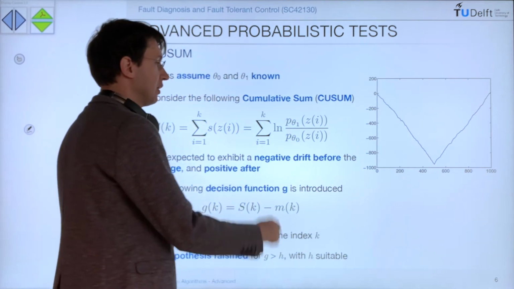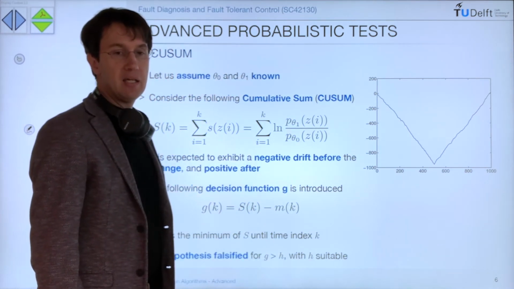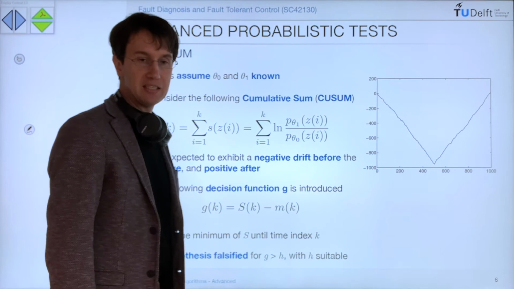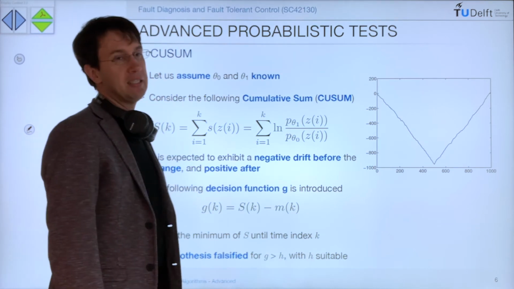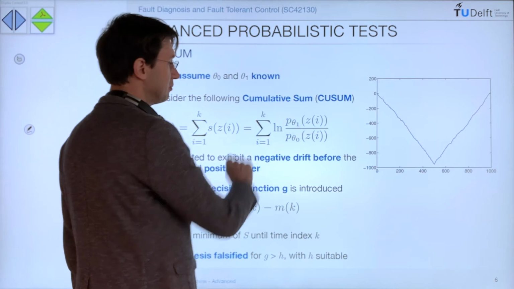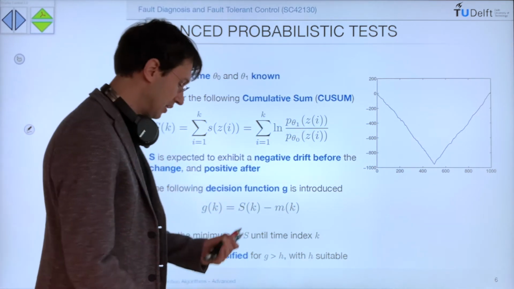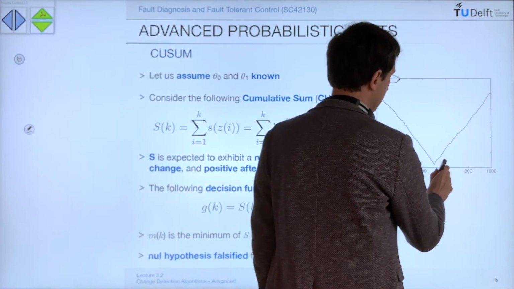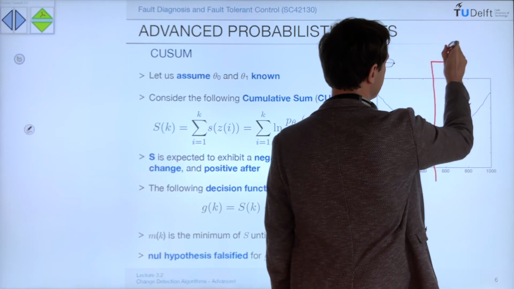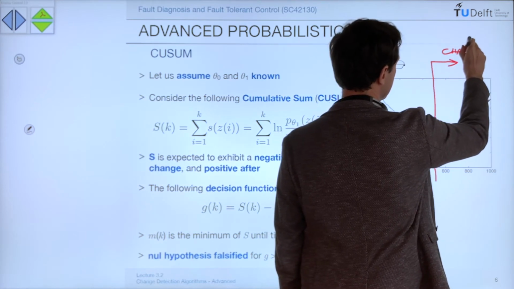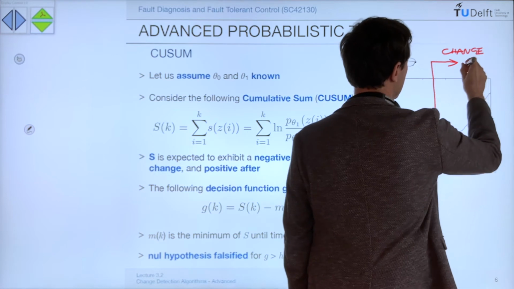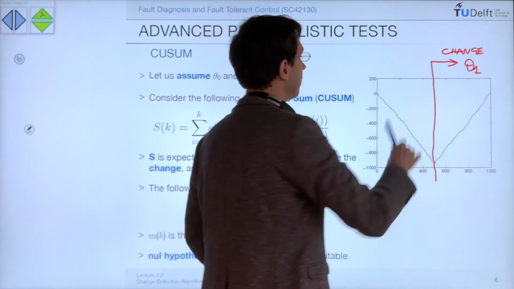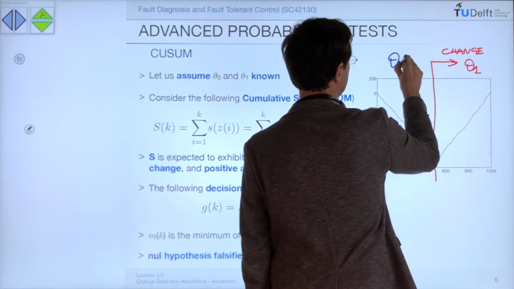Well, then, during moments that we are in the null hypothesis, this most of the time is negative. When we are under the alternative hypothesis, this most of the time is positive. So the behavior that we expect is, assuming this is the moment we have a change, here we have the parameter taking the value θ1, and here we have the parameter taking the value θ0.